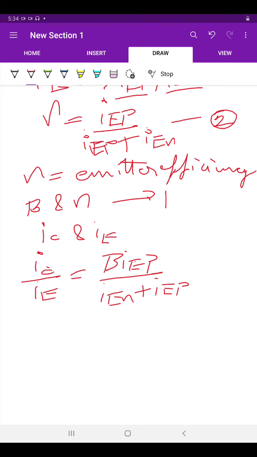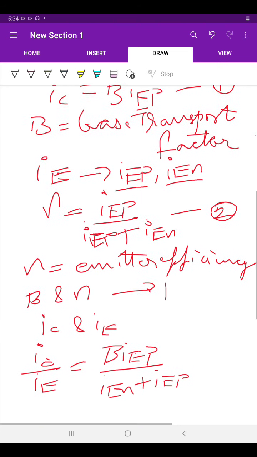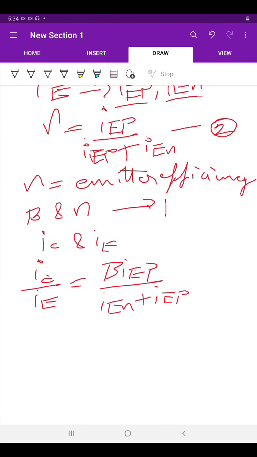So this is a relationship between the collector current and the emitter current. B, which is the base transport factor, into IEP, that is the hole component, and then IEN, which is the electron component.